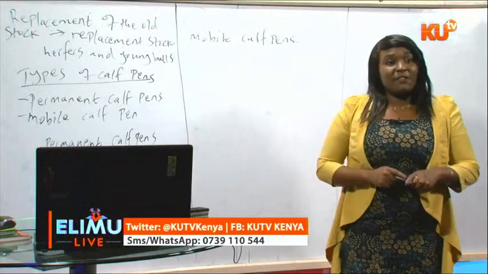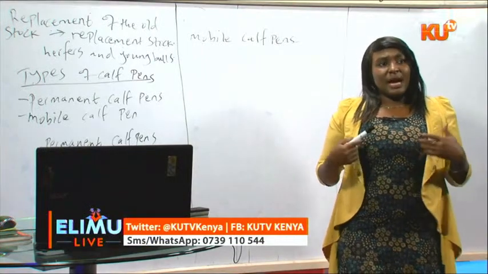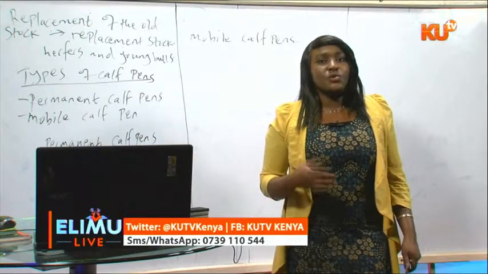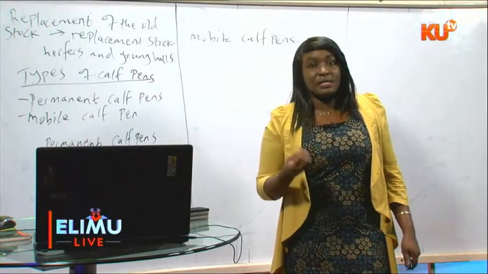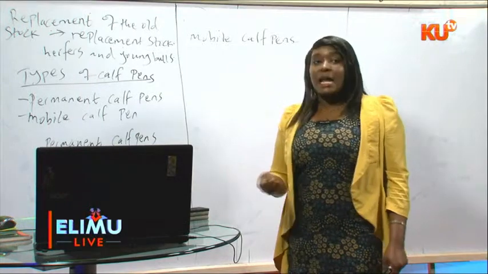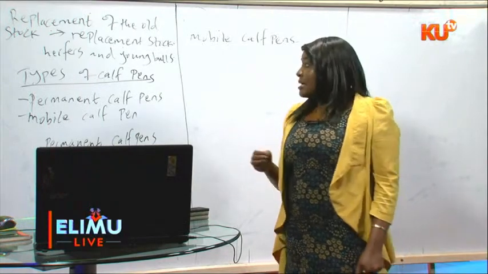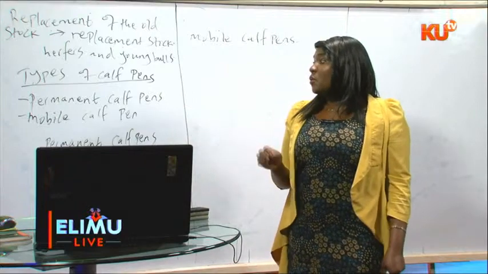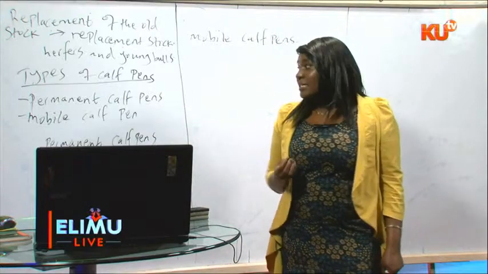As for the permanent calf pens, maybe a disadvantage is that you require materials that are a bit expensive to construct, like the sand and the ballast and the cement to make the concrete ones. That makes it a bit expensive.